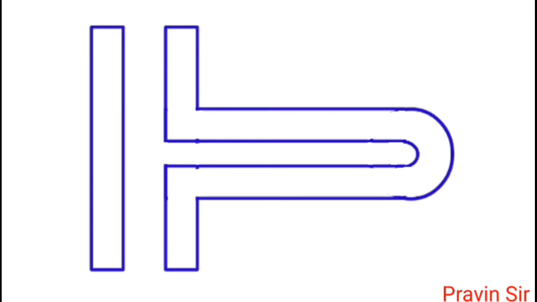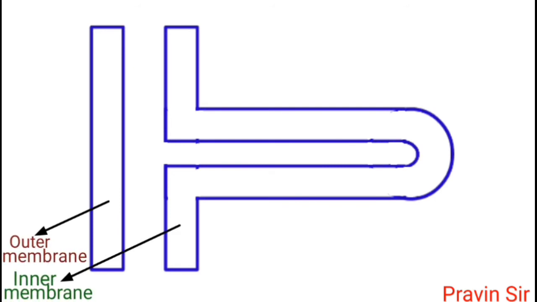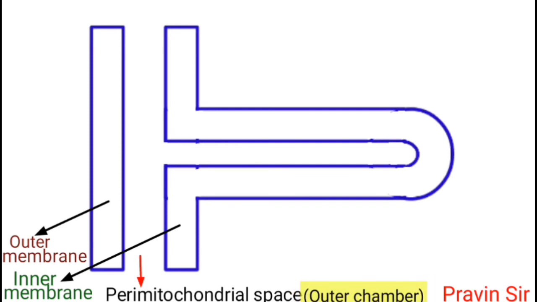So let's study the enlarged part of the mitochondria. This is the outer membrane. This is the inner membrane. And the space here is called the perimitochondrial space, that is the outer chamber.